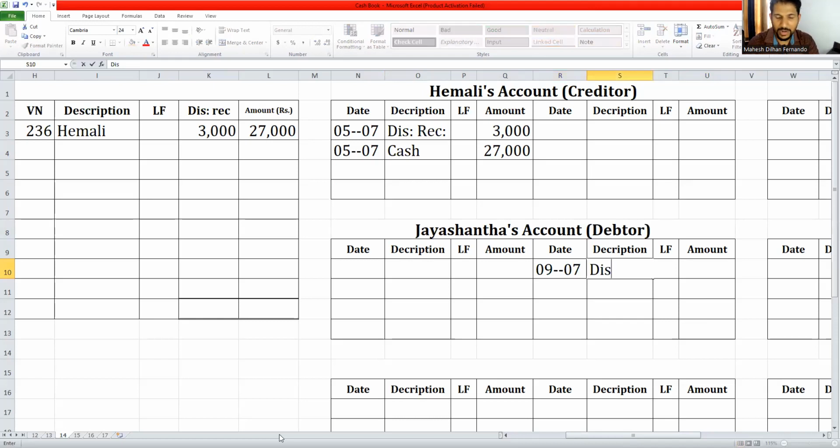We have allowed a discount. Discounts allowed 2,000 rupees. On the same day, we have collected 38,000 in cash from Jayashanta. See how simple and clear this particular question is.